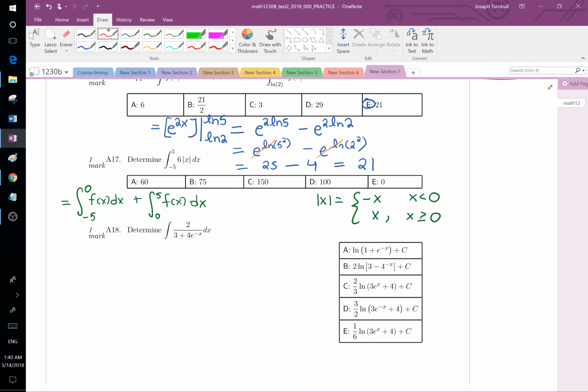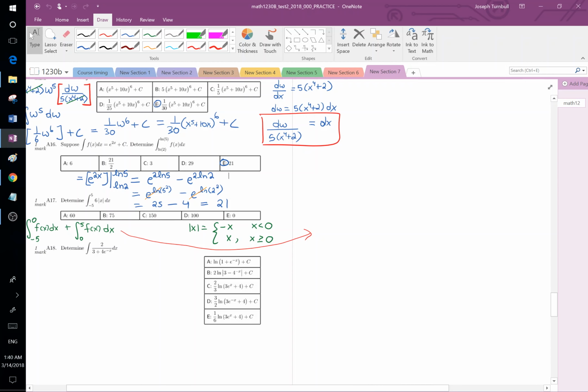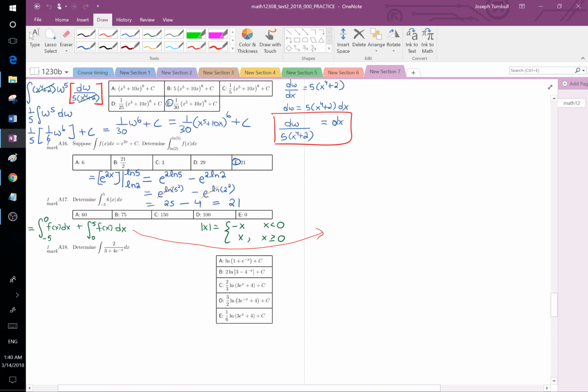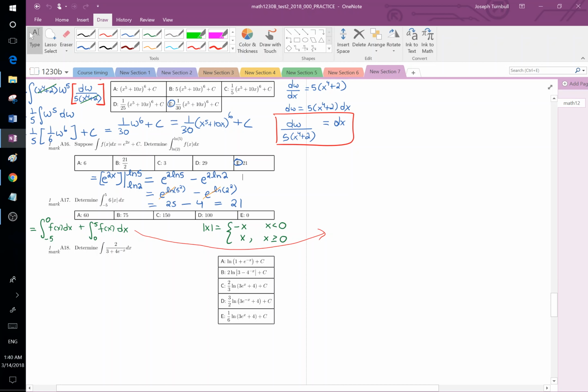I'm running out of space. I'll carry this over here. Now, what is f of x in the first part? Integral from minus 5 to 0.